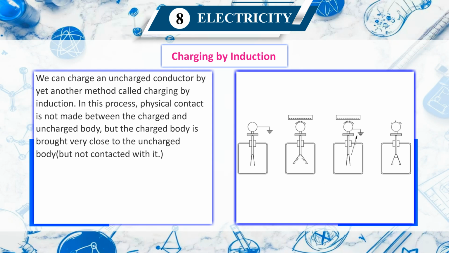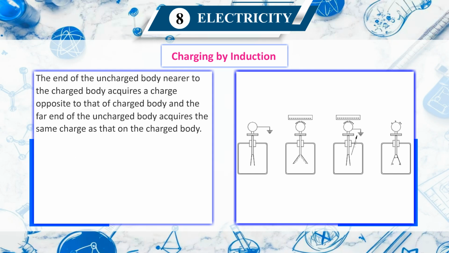In this process, physical contact is not made between the charged and uncharged body, but the charged body is brought very close to the uncharged body but not connected with it. The end of the uncharged body nearer to the charged body acquires a charge opposite to that of the charged body, and the far end of the uncharged body acquires the same charge as that on the charged body. This will be clear from the following activity.